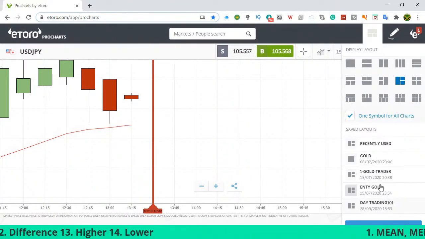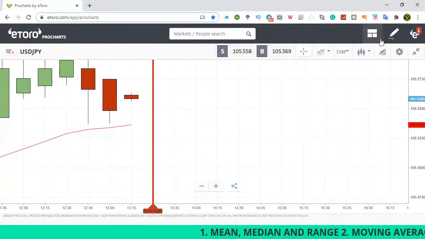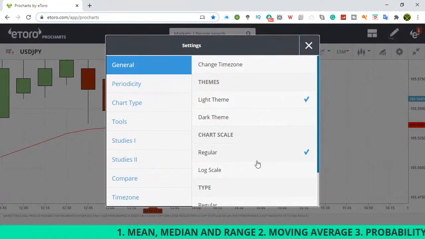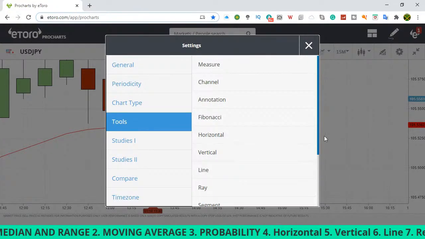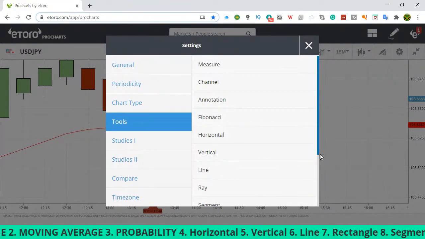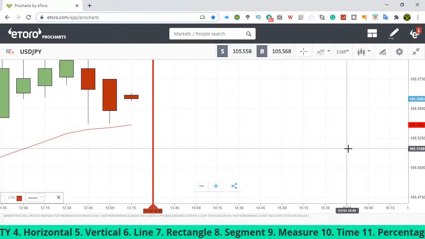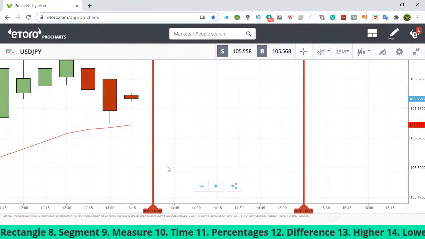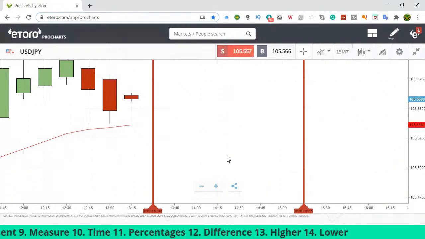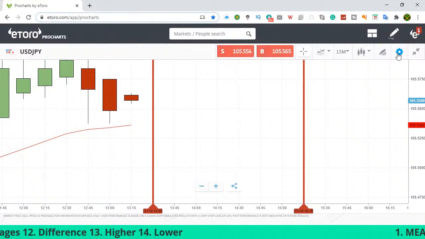So yeah, that's my setup. That's my setup.